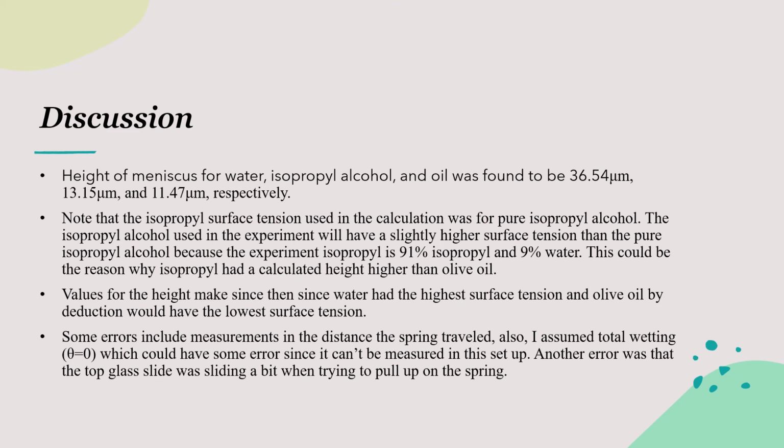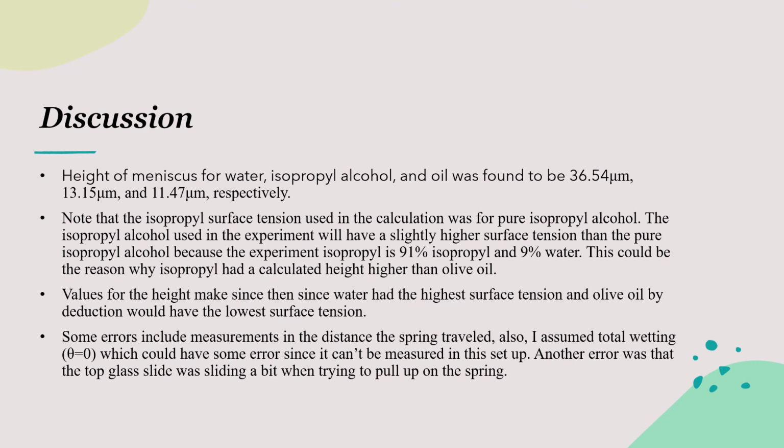The isopropyl alcohol used in the experiment will have a slightly higher surface tension than the pure isopropyl alcohol, because the experimental isopropyl used was 91% isopropyl and 9% water. This could be the reason why isopropyl had a calculated height higher than olive oil.